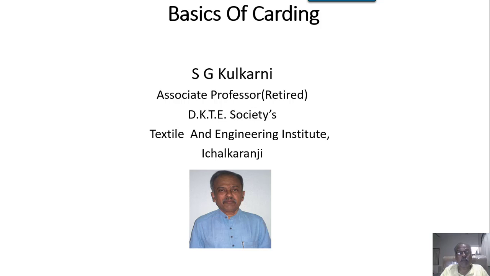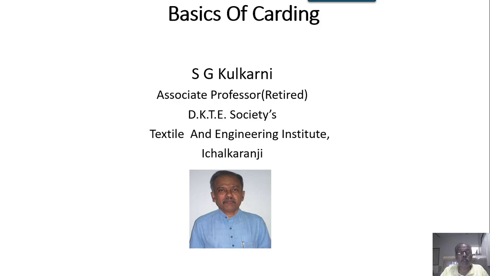We had seen in the earlier presentation, the basics of carding, part 1, we had discussed some of the aspects related to the carding department, carding machine in the spinning industry. There, I had discussed, if you recall, some of the basics of carding operation.